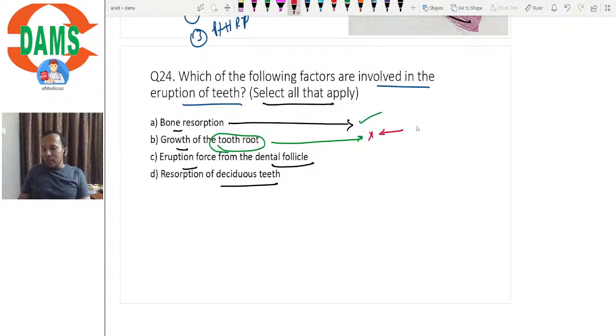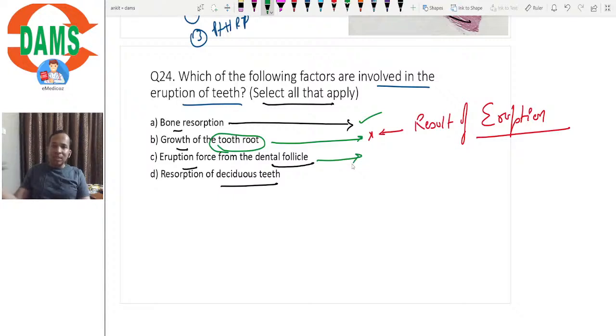Root formation is a result of eruption, not otherwise, right?